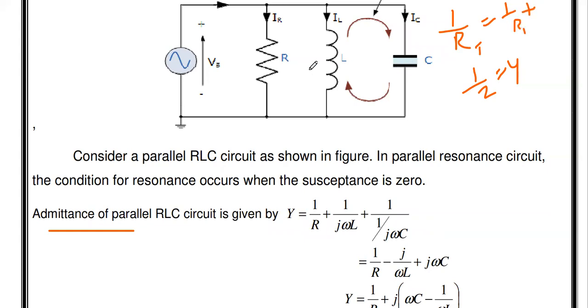Similarly, here the first branch has a resistor, the second an inductor, and the third a capacitor. So 1 divided by Z total, which we call the admittance Y, can be written as 1 by R, plus 1 divided by the reactance of the inductor j omega L, plus 1 divided by the reactance of the capacitor 1 by j omega C.